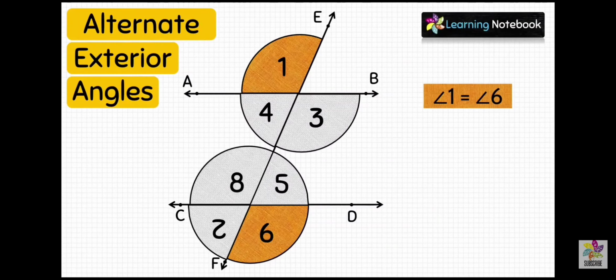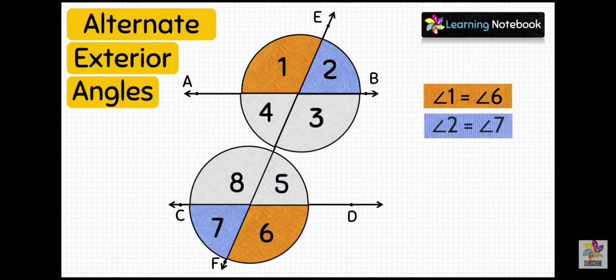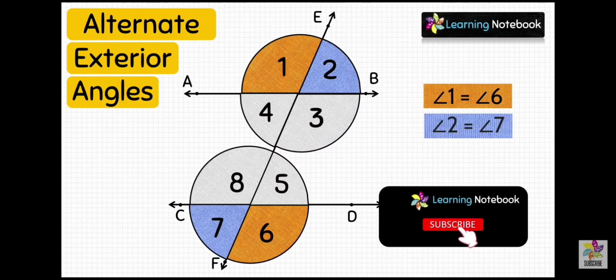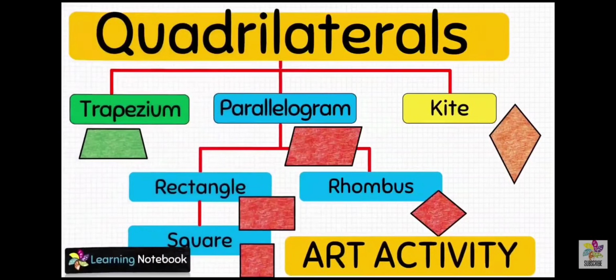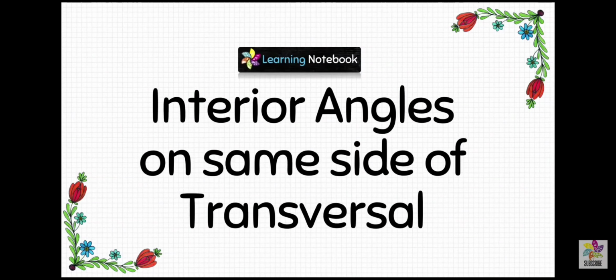Again, we find that angle 2 completely covers angle 7. So, it means the second pair of alternate exterior angles are also equal. So, in this way, we have proved that the pair of alternate exterior angles made by transversal are equal on the same side of transversal.